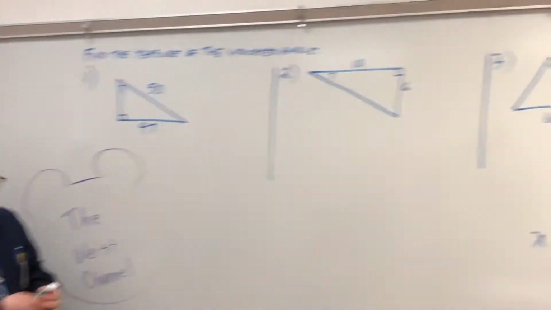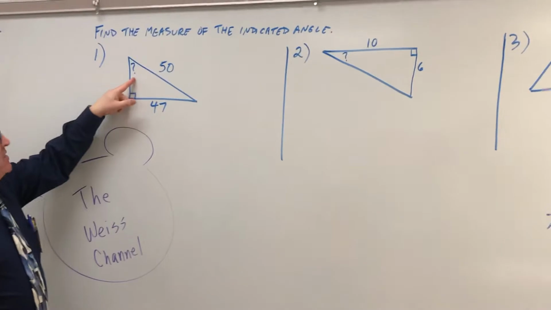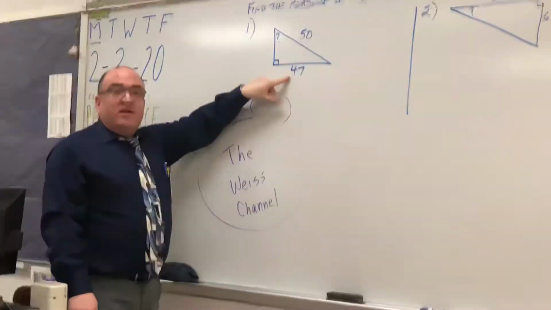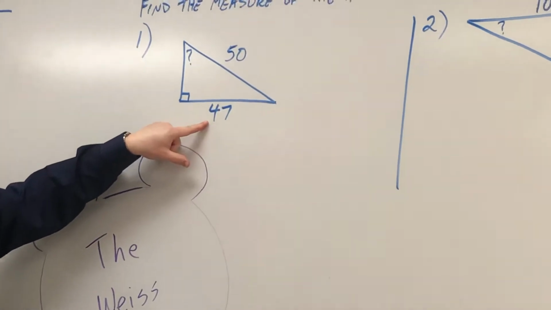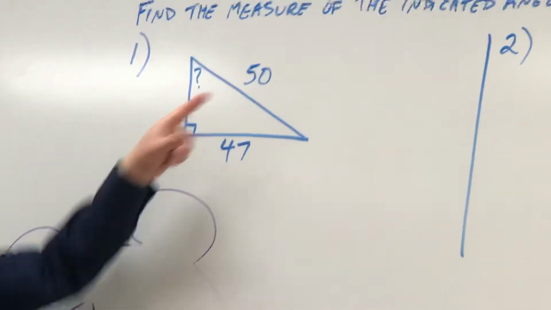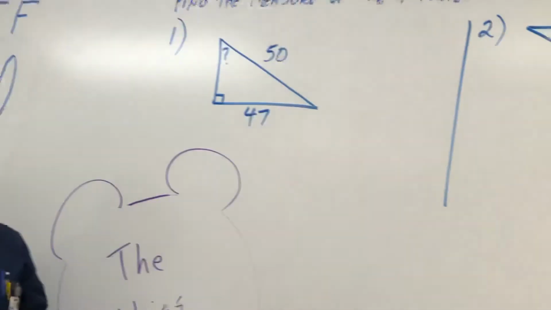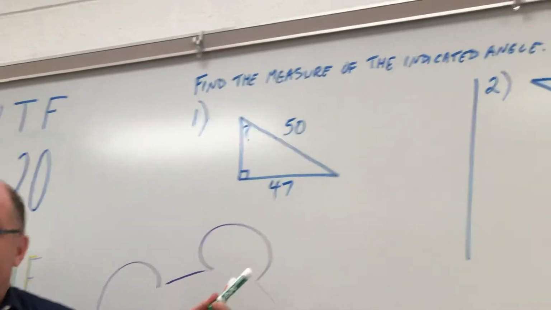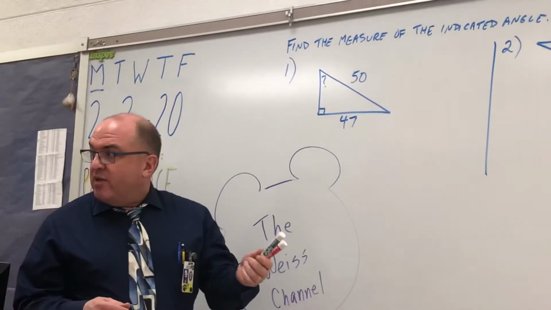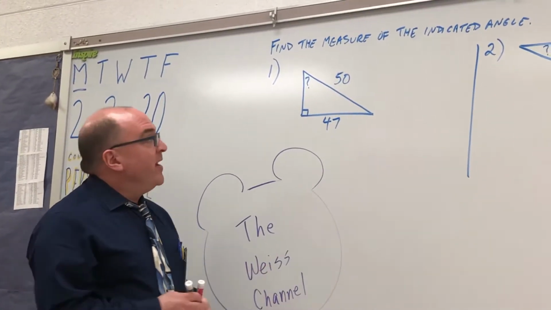In this case, is 47 opposite, adjacent, or hypotenuse? 47 is opposite. And 50 is the hypotenuse. So which function is O and H? SOH, meaning we're going to use sine, right?